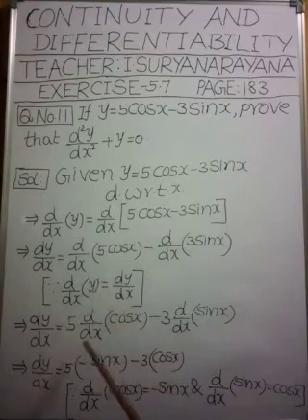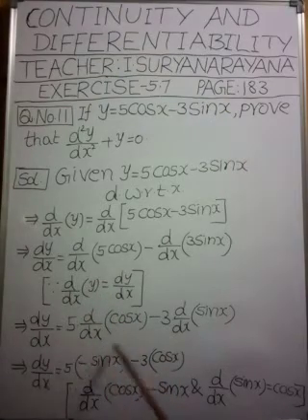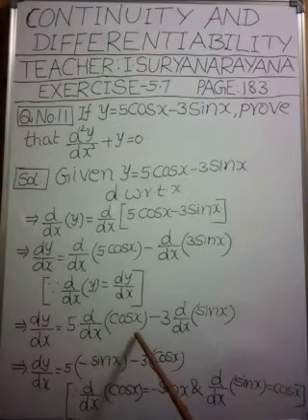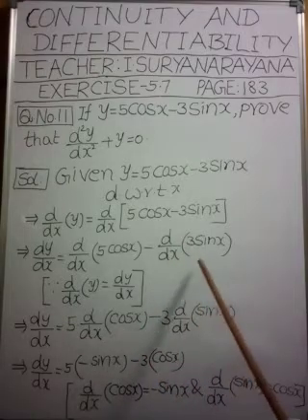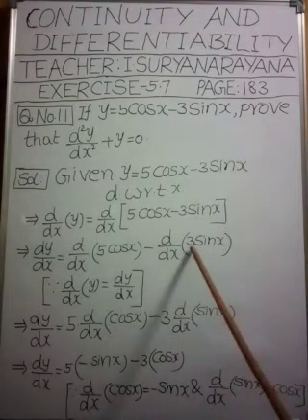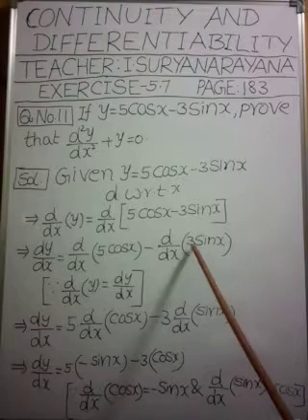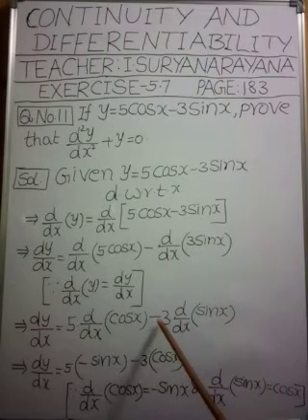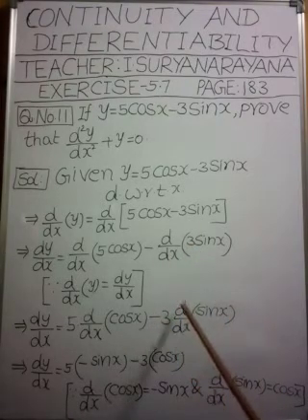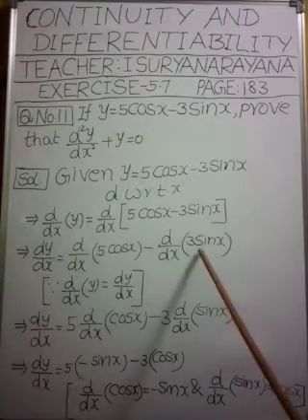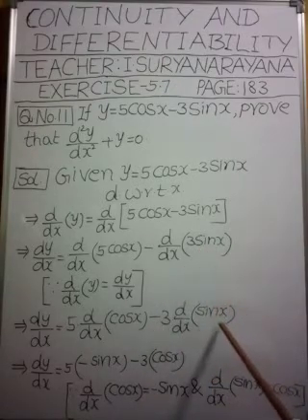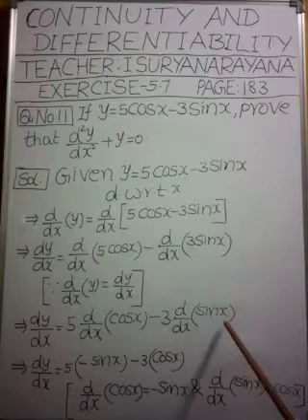So we write d by dx of cos x. Understood this first term, my dear children? Similarly, come to the second term, minus, here 3 is the numerical coefficient. So we write this 3 before the differential operator: 3 into d by dx of, what is the function left here? sin x. Understood this second term, my dear children?